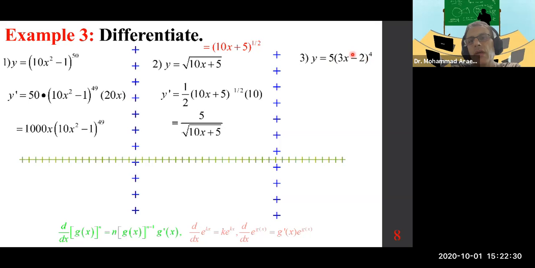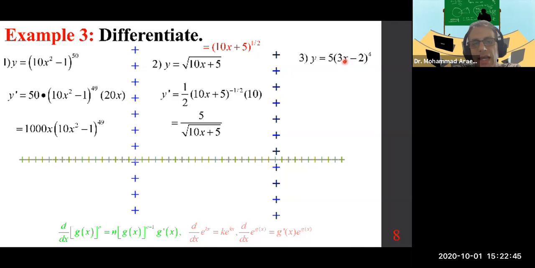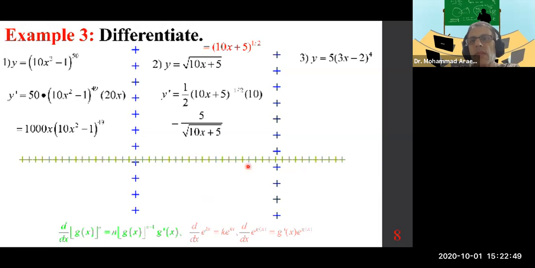So 5, and then this 4 becomes a coefficient times 4. 3x minus 2 to the power of, you're going to subtract 1, you get 4 minus 1, 3. And this one is not x, it's a function of x. That's why you tag along g prime of x. So times 3. You multiply 5 and 4 and 3, and you get 60, and you are done.